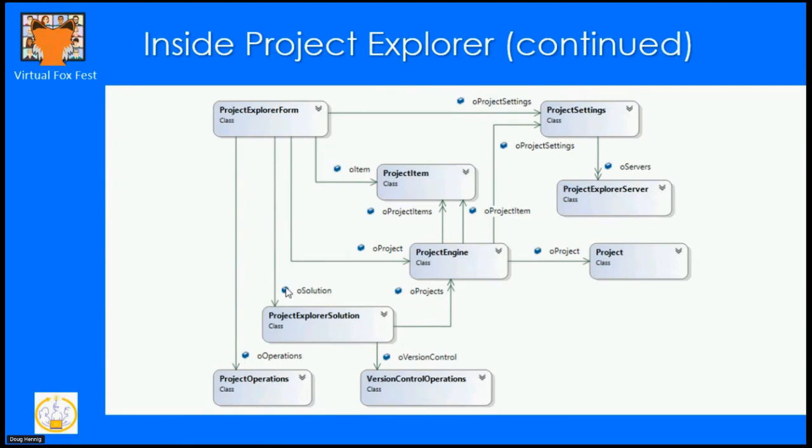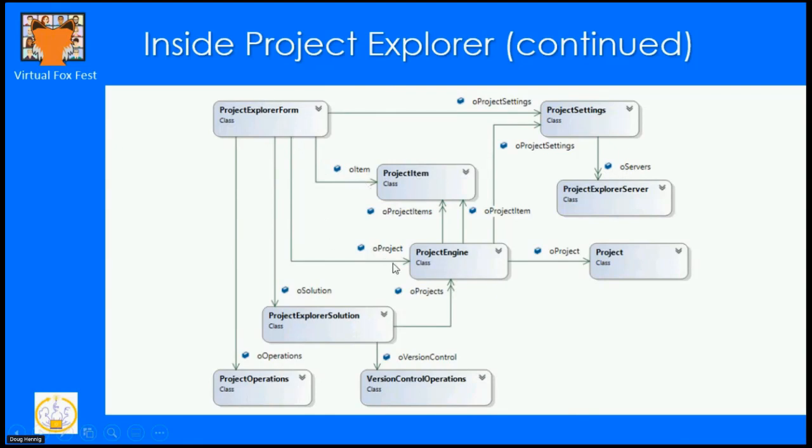And the last thing is that there are some shortcuts. For example, when you click an item in the Project Explorer, some item has been selected. So rather than having to go Project Explorer form.o solution.o project whatever, the Project Explorer form has an O item member that is a reference to the currently selected item.